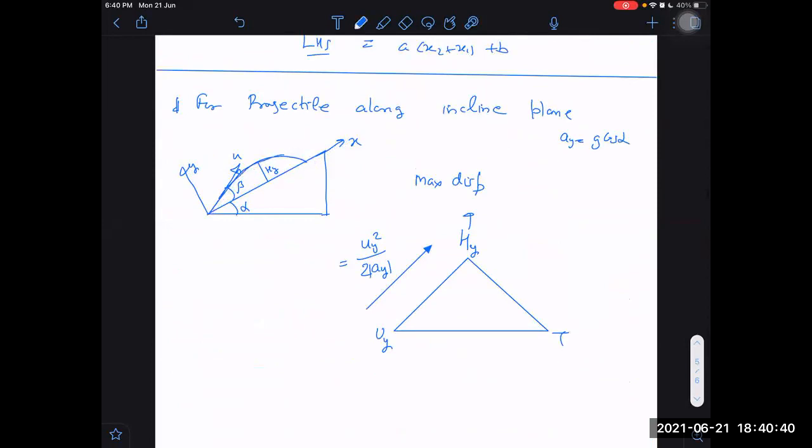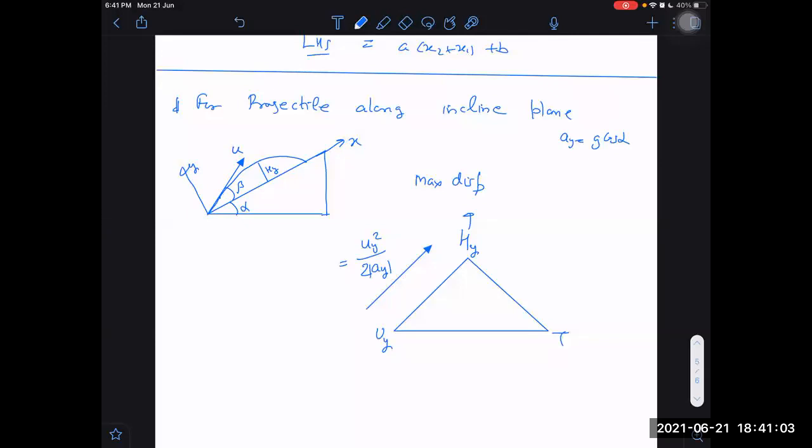The path followed will be a downward parabola type path, but it stops here in between only. Why does it stop here? Because there's a plane here. It strikes the plane. Okay. Is that okay? Right. This is the initial velocity.